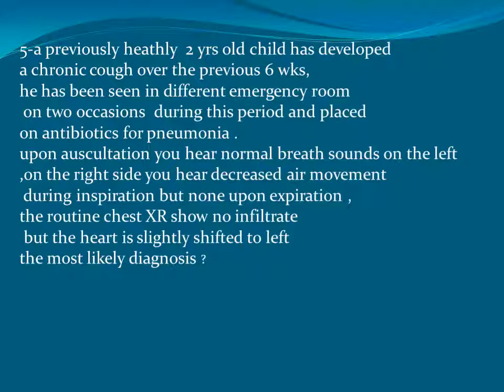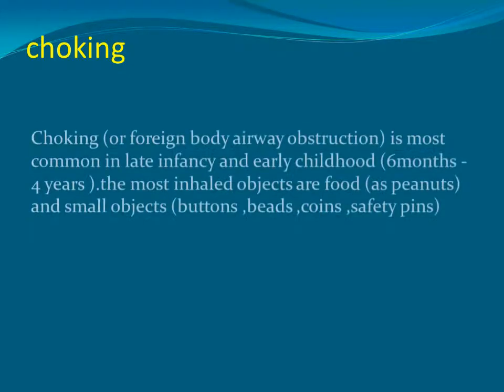So, what are the most likely diagnoses? There is no evidence of heart problem, no evidence of allergy. What could the diagnosis be? Choking or history of foreign body inhalation, and the baby had lost antibody and developed recurrent chest infection.